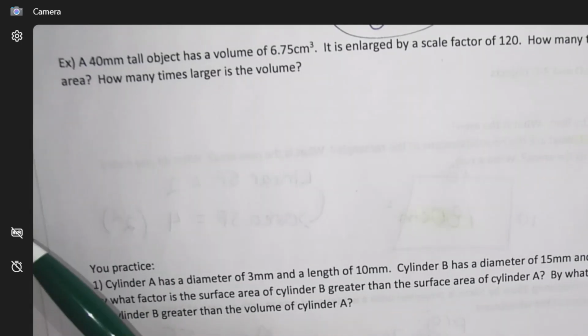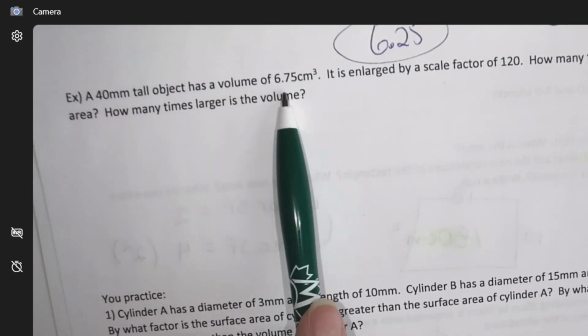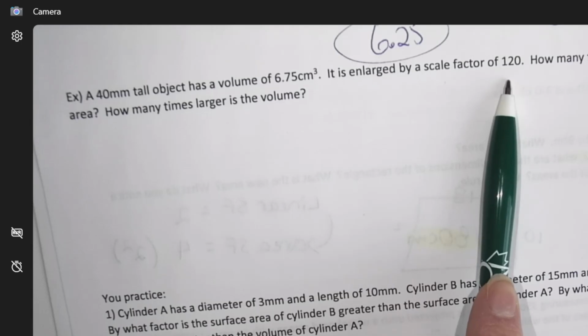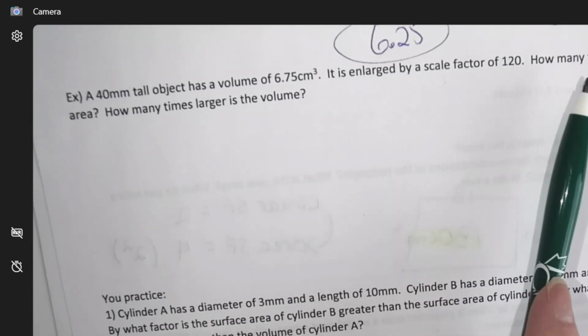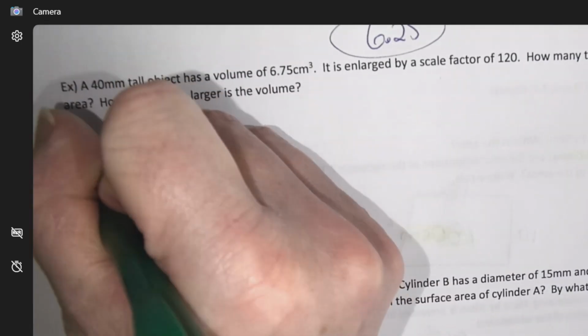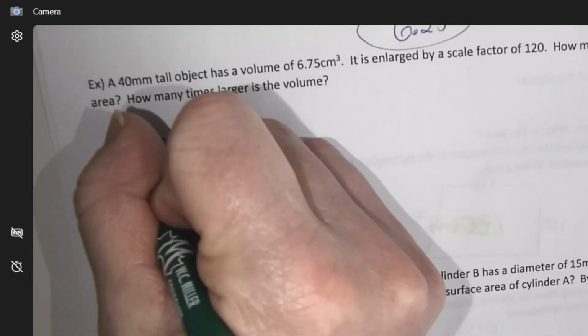Okay, last question. An object is 40 millimeters tall and it has a volume of this. It's enlarged by 120 times. How many times larger is the area? So the area scale factor.